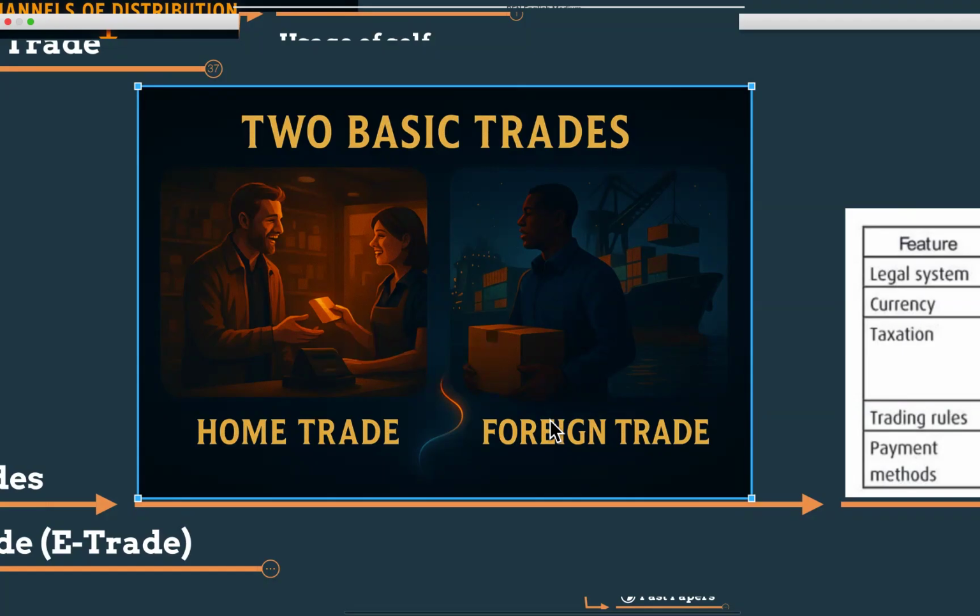So we can divide this as home trade or local trade or domestic trade. It means within the country we are doing the trade, buying and selling. And foreign trade or international trade means between countries, where at least two countries are involved, through ships and airplanes, right?